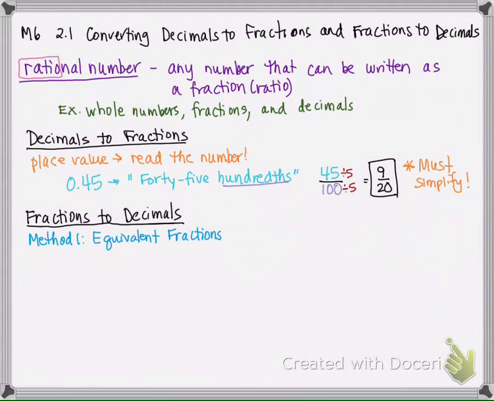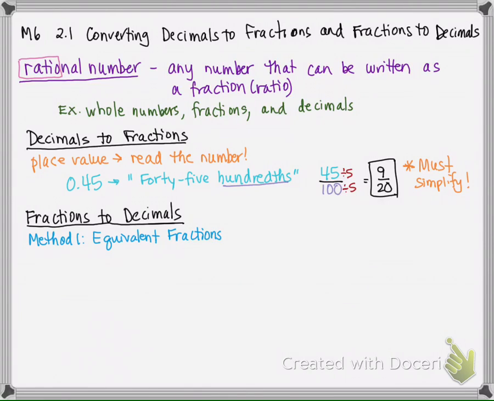Okay, so the problem with this idea is that unless you do a different type of math and maybe even have to use a calculator if things don't work out, you aren't always going to be able to get your denominator to become a place value number, so something that ends in a 0.